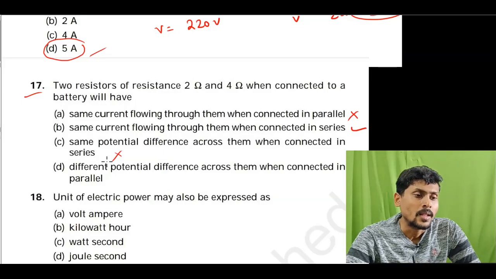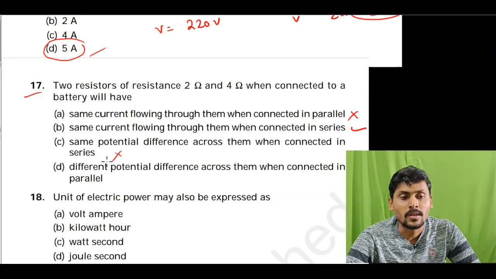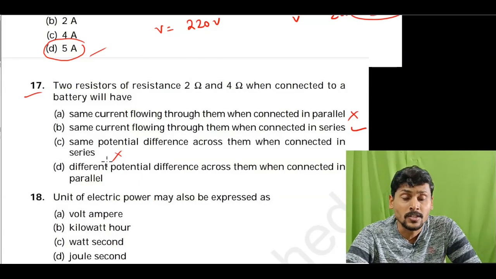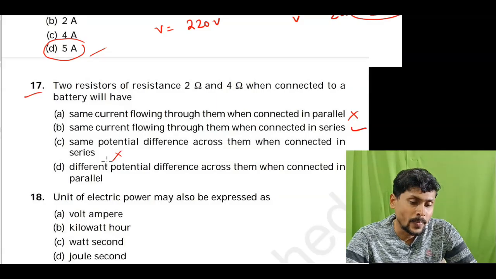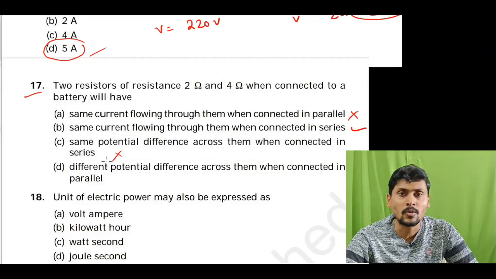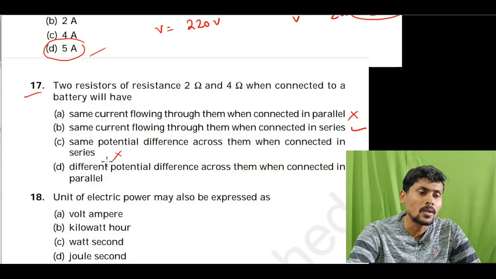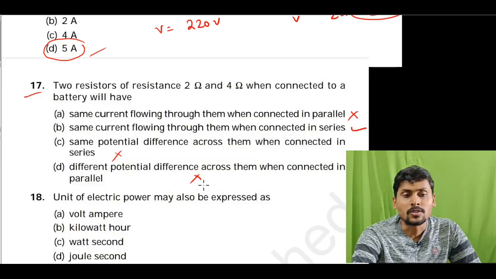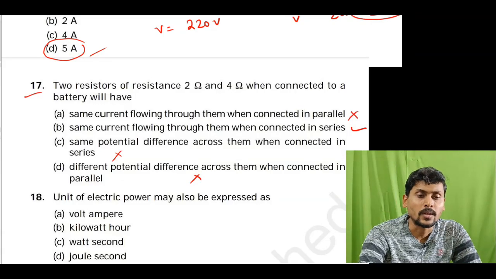Okay. Last option, different potential difference across them when connected in parallel. Again, this is wrong, because when the appliances or the resistors are joined in parallel, they have the same voltage or the same potential difference. So option D is also wrong, only option B is the correct one.